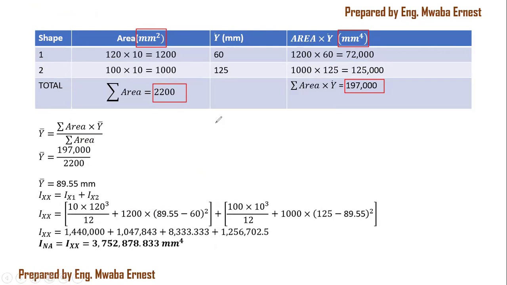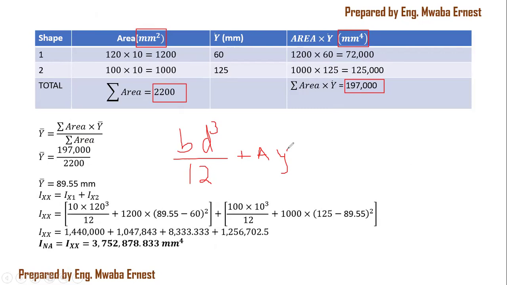Shape number 1, we are going to say b d cubed over 12. Then added to that, we're going to multiply area times a special kind of y, just like that.